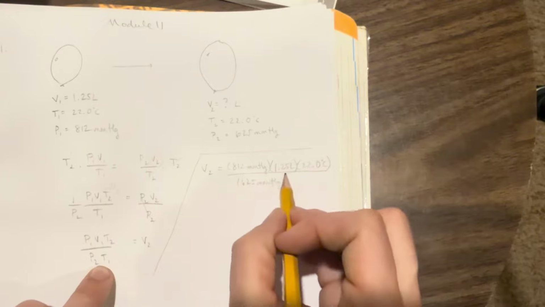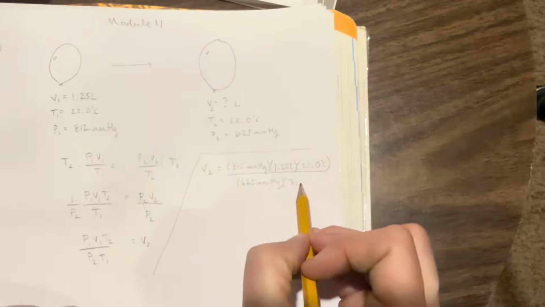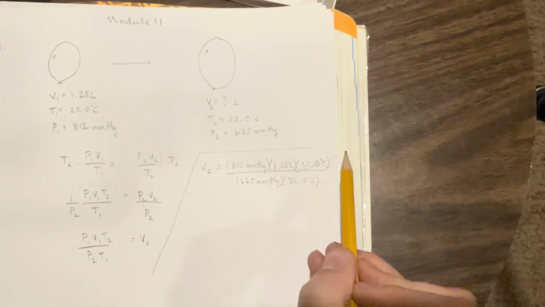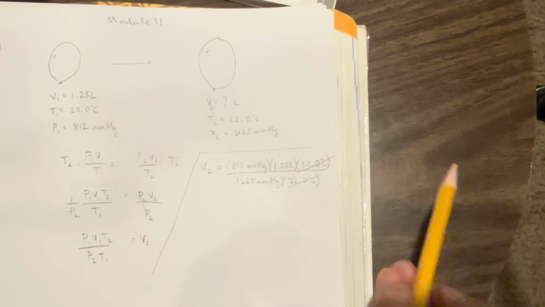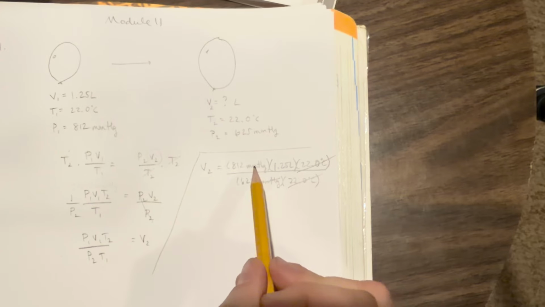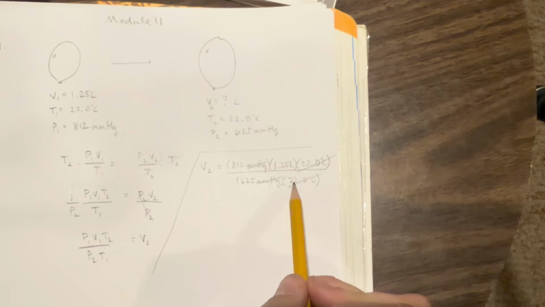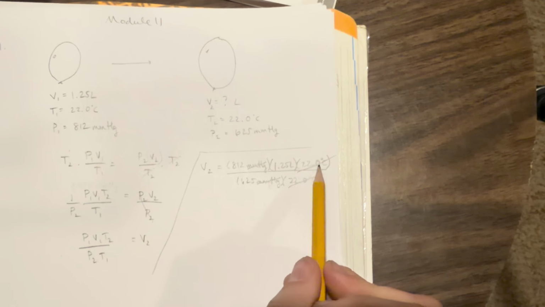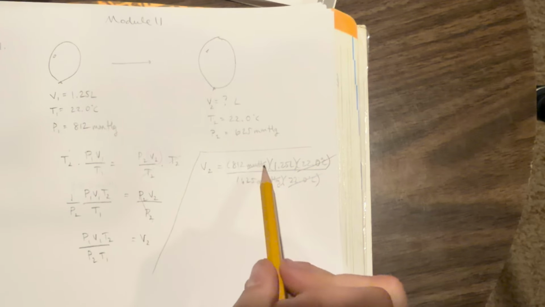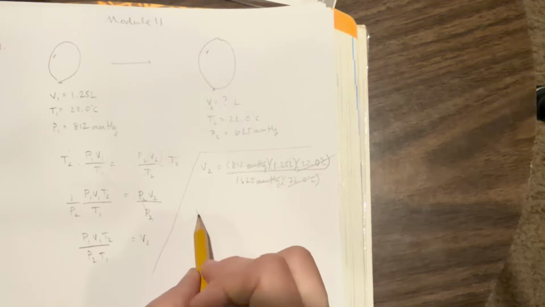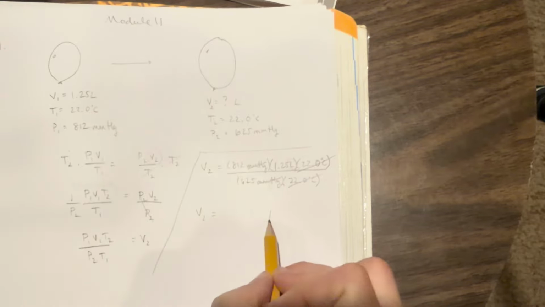Times T1, which is 22.0 degrees Celsius. And now I can cancel out this 22 degrees. I can cancel out my unit, millimeters of mercury, not the numbers, just those units. On this one, I canceled out the number and the unit because they're both the same. But here, I can just cancel out units. And what I'm left with for units is liters, which makes sense because it's a volume.